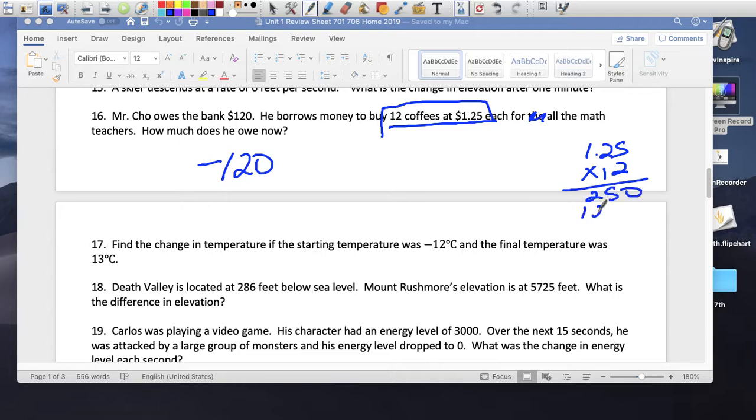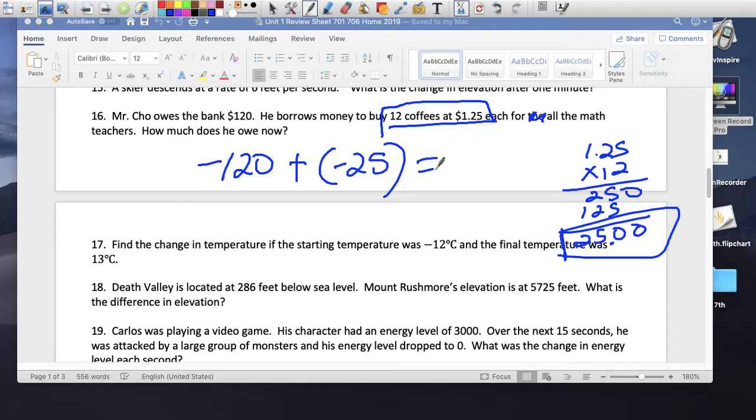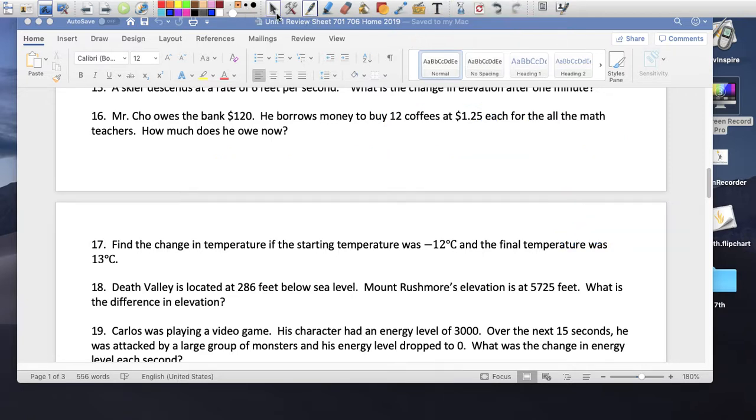Hmm, this doesn't look right. 10, 5, 1, 2. Well, looks like it's right. So I borrowed $25, so let me add another $25, right? It means that at the end of the day, I am at negative 145. Should I make money instead of lose money every day?